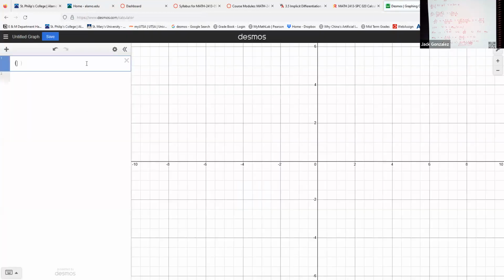All right, so this was the equation of a circle. My computer is slow, I need a new computer.